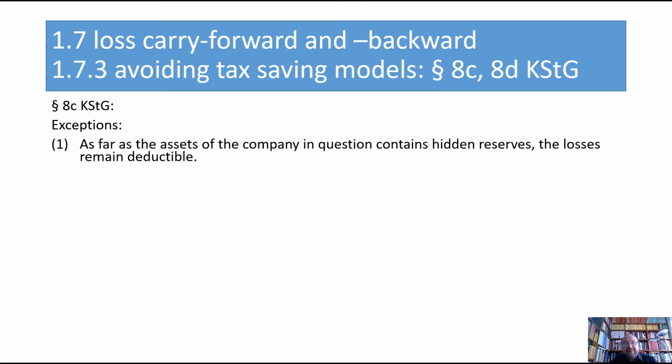The first thing is, as far as there are unrealized gains, hidden reserves in the asset of the company, the losses remain deductible. That's very easy because these gains could be realized by not selling the company but selling the assets individually.